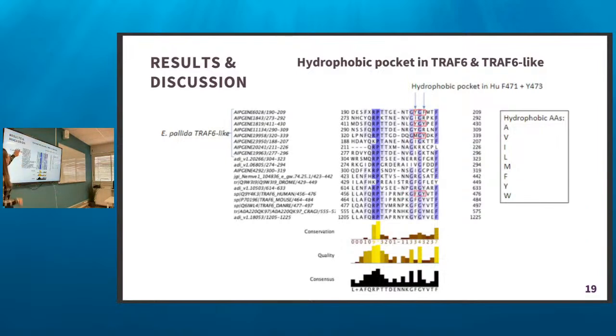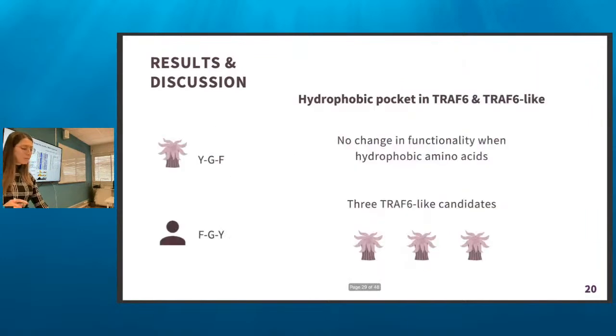From the transcriptome of Exaiptasia pallida, we have different TRAF6-like candidates, and having a hydrophobic pocket would make them the homologous of the TRAF6 of humans. When we compared them, we saw that there are 3 candidates that can be the possible homologous of TRAF6 of humans, but one of them has exactly the same amino acids as the one in humans, but in a different order.